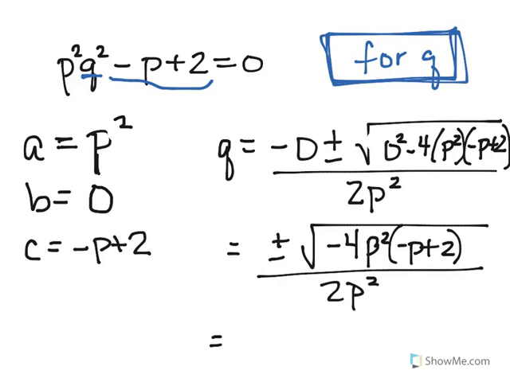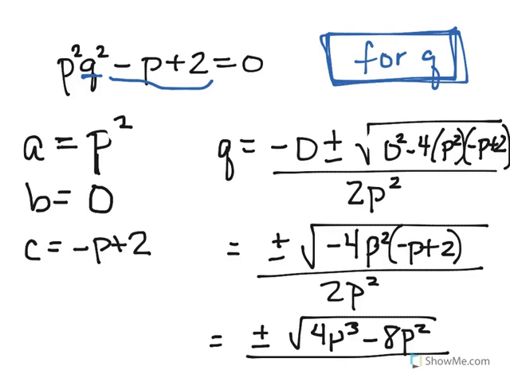So in my final line, I have plus or minus, and I'm going to distribute that negative 4p into those parentheses. What I get is a 4p to the third and a negative 8p squared all over 2p squared.